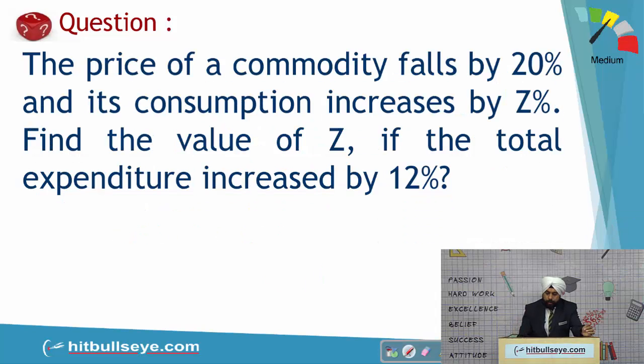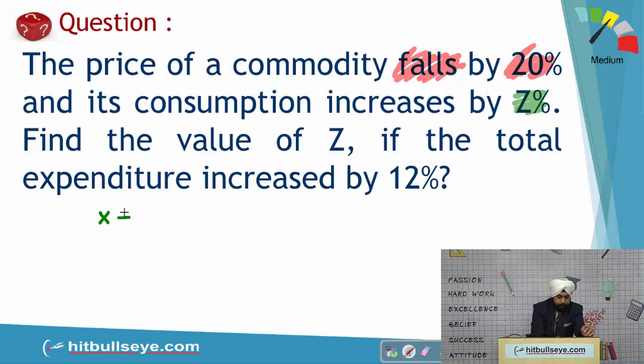This one. Now here price falls by 20% given to us, and consumption increases by Z%. Find the value of Z if the total expenditure increased by 12%. Now here, students, price falls by 20%. You can think about the formula.